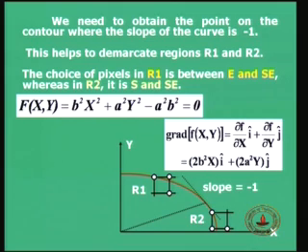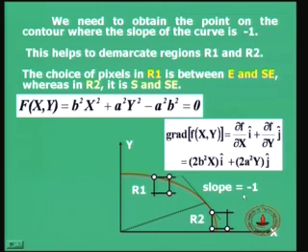The grad function is hence defined as del f del x with a unit vector along x direction, and del f del y, that is the partial derivative with respect to y direction, with the j vector, which is the unit vector along y direction. So it is 2b square x along the unit vector i, and 2a square y along j.